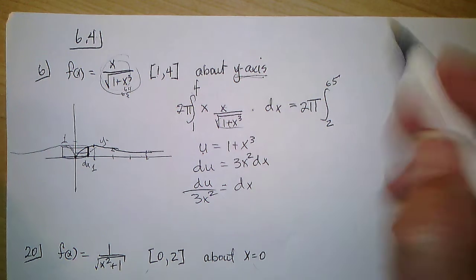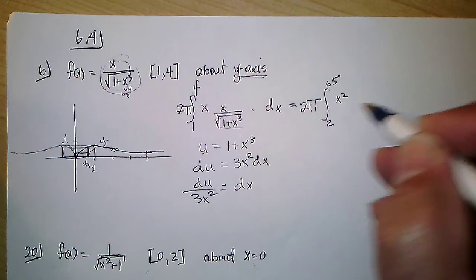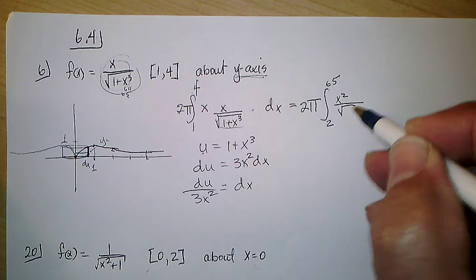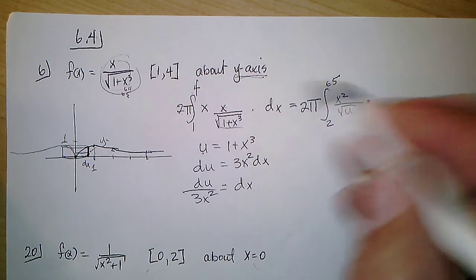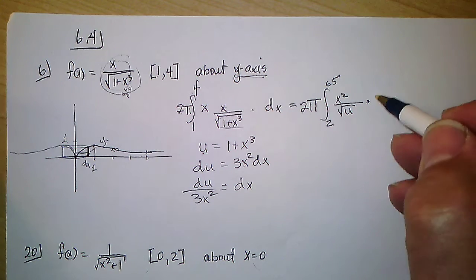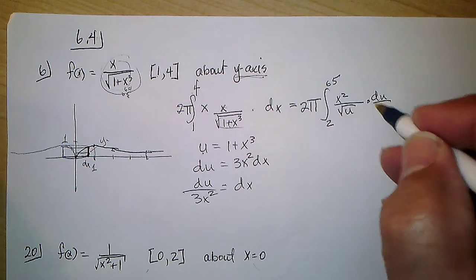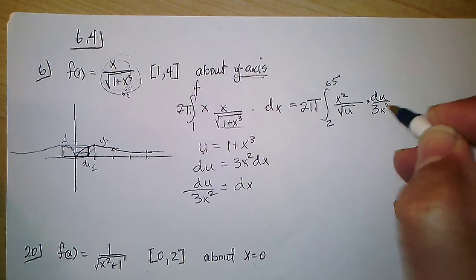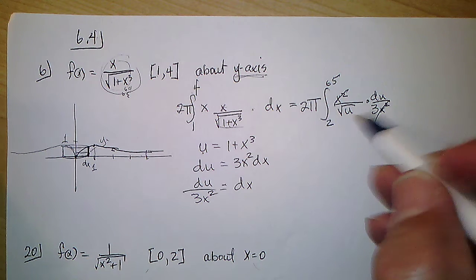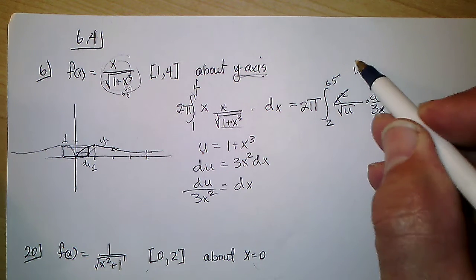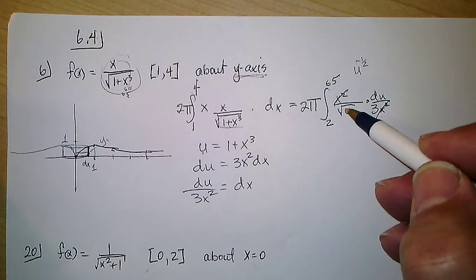This would be x squared over the square root of u, and dx becomes du over 3x squared. The x squareds cancel. I'm in terms of u. This is u to the negative 1/2 when I move it up.